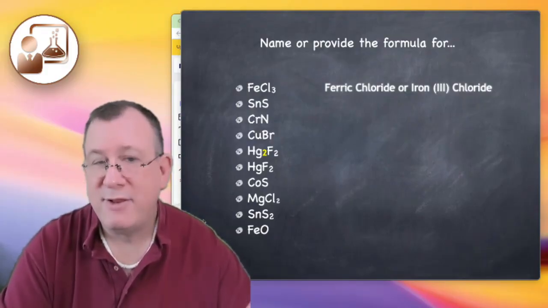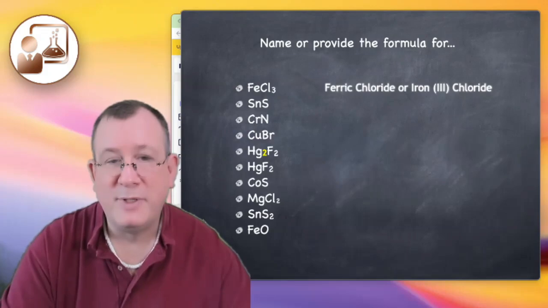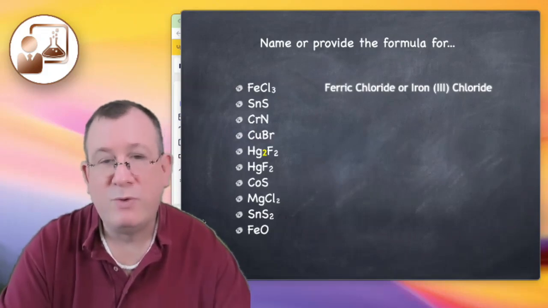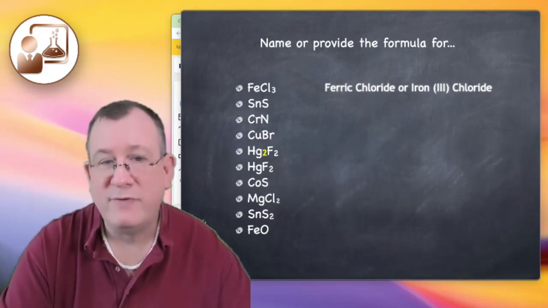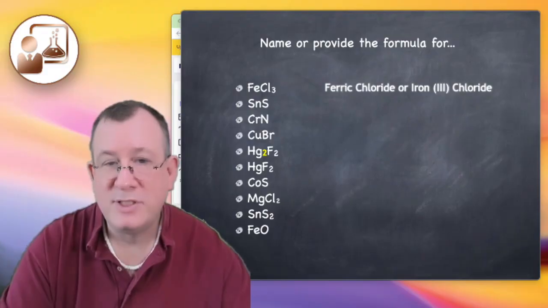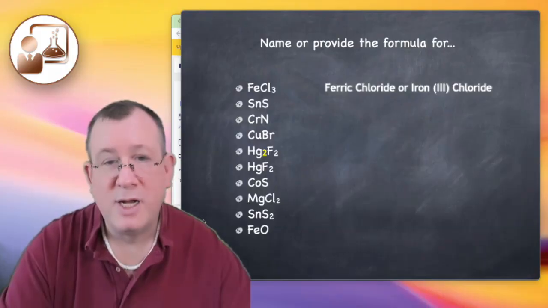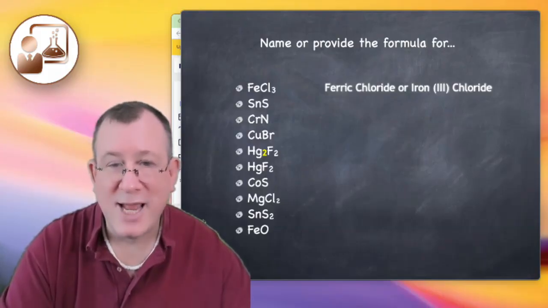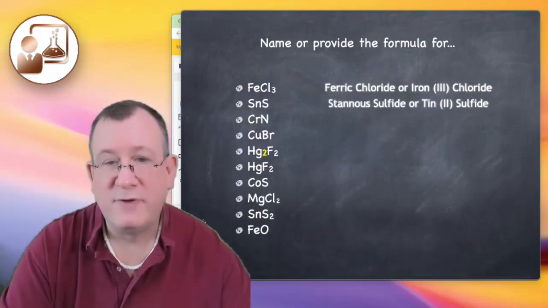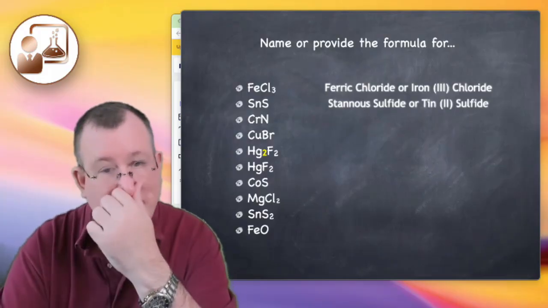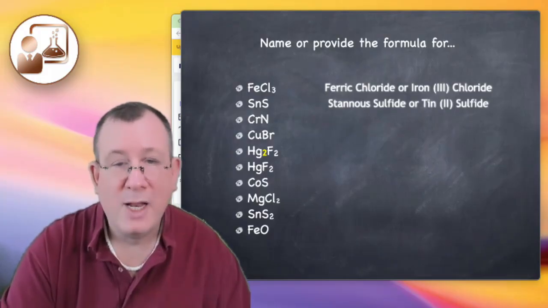Tin is in that third group of variable elements, either 2 or 4. So 2 is the small one for that. Do you know how to name the small tin ion? 2 is company, 3 is a crowd. 2 is us, stannous sulfide. Or simpler yet, tin-2 sulfide.